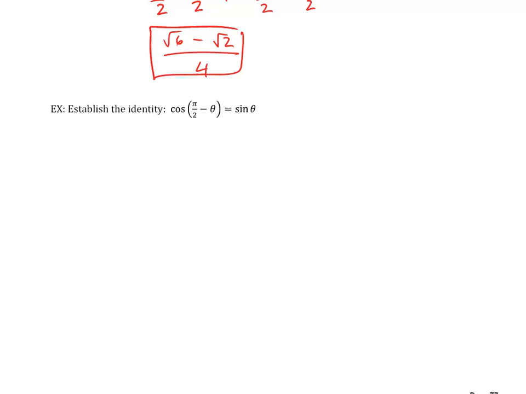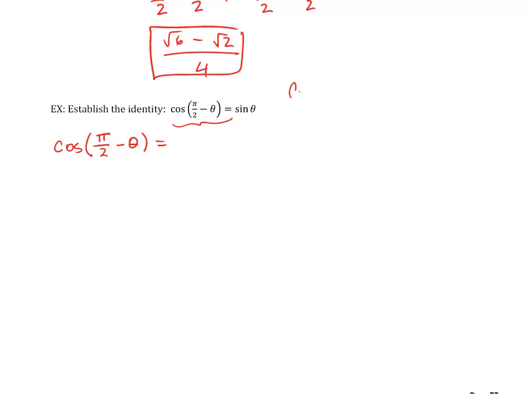Now that we have a formula for difference of angles, we can actually apply it during our proofs or our establishing of trigonometric identities. In this case, the left-hand side of this identity is clearly the more complicated side, so we're going to start from there and try to turn it into the other side. Okay? Now what can we do? What identity can we apply?